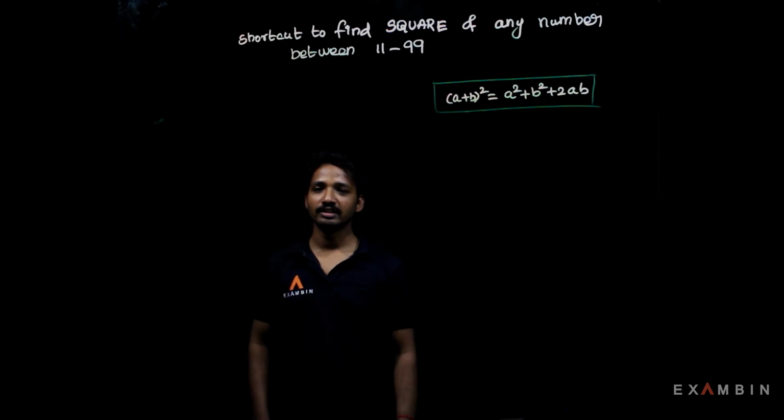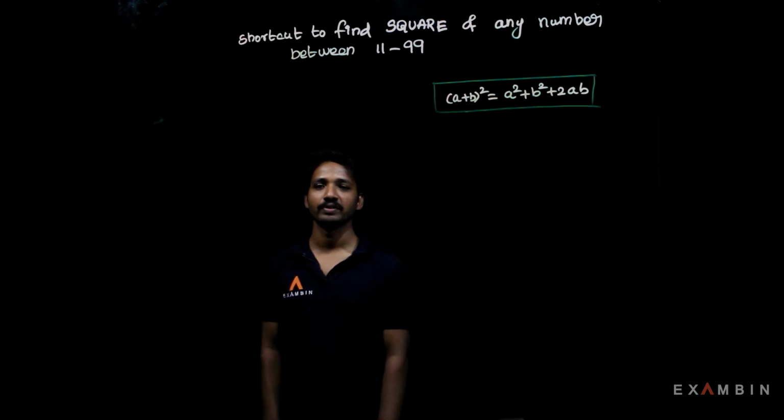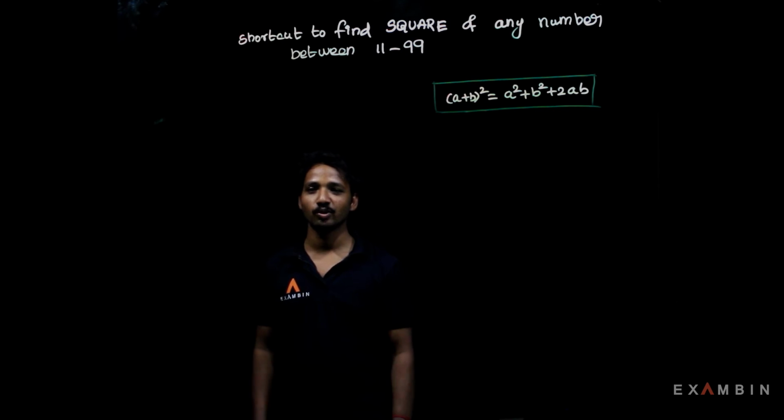Friends, now we are going to see how to calculate the square value for any number between 11 and 99 in just 3 to 5 seconds. In this method, we are going to use the a squared plus b squared plus 2ab formula, but not in the same way. We are going to use it in a different way to calculate the square of any number between 11 and 99. Please remember that this trick will not work beyond 99. Okay, let's go into the trick.